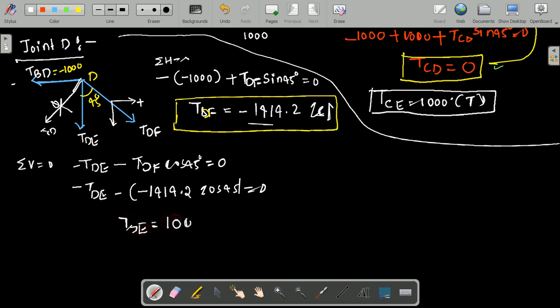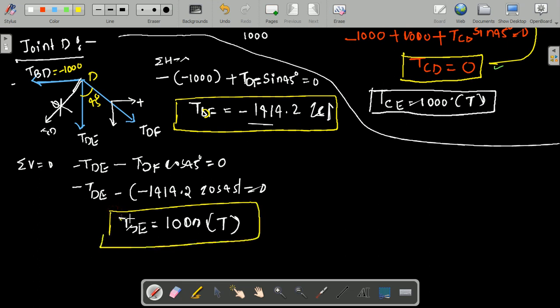Plus 1000. You just check it afterwards, that is tension. The only thing is you need to find out the member forces. This is TDE, and this is TDF. Joint D is also over.